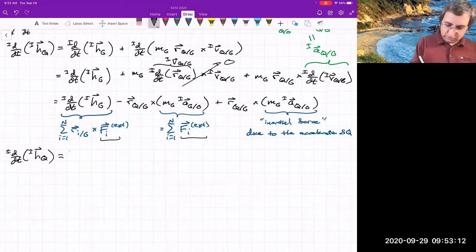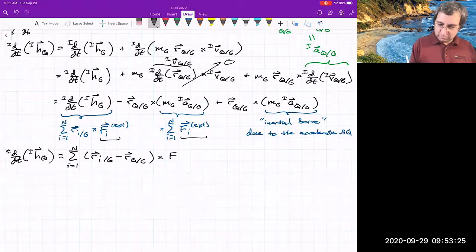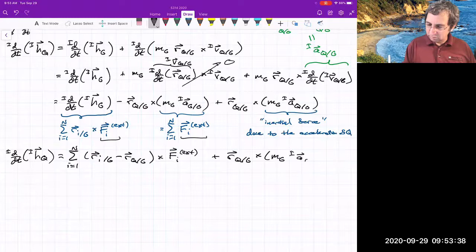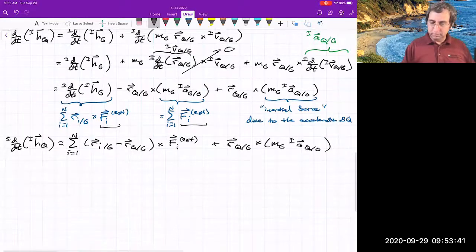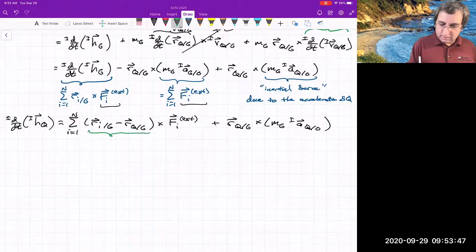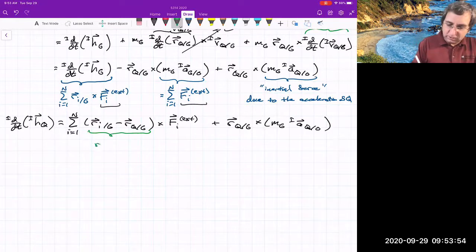And so we could actually have an overall summation here, 1 to n, (R_IG minus R_QG) cross the external force on that particle plus R_QG cross, we don't have anything else to call this except mass times the acceleration of the point Q. All right, this subtraction of these two vectors is the location of particle I with respect to Q.